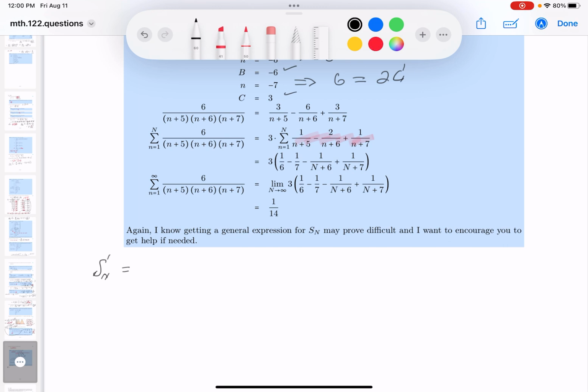Before I do that, though, I would recommend factoring a 3 out from this. I'm factoring a 3 out, right? So you get 1 over n plus 5, minus 2 over n plus 6, plus 1 over n plus 7.